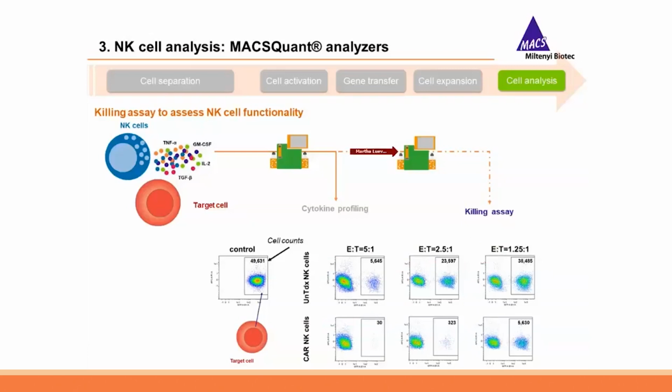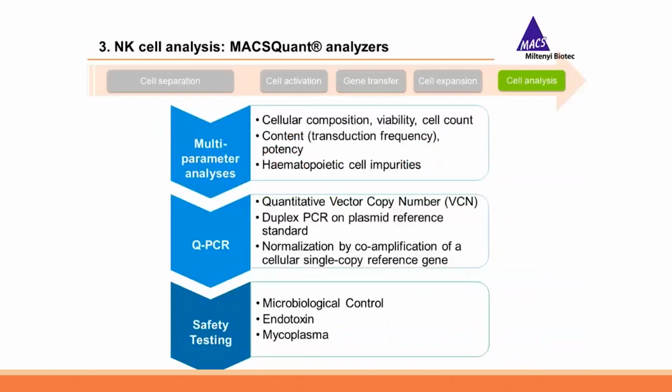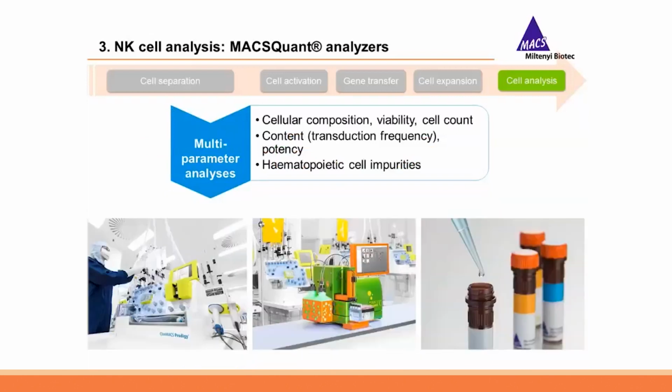So of course, once you finish your cell product, you not only have to do your multi-parameter analysis, you probably have to do quite a lot of QC, like qPCR for your vector, or other safety testing that is done mainly by other labs. Just here I want to highlight that for this multi-parameter analysis, we have absolutely everything you need. So we have panels for the cellular composition.